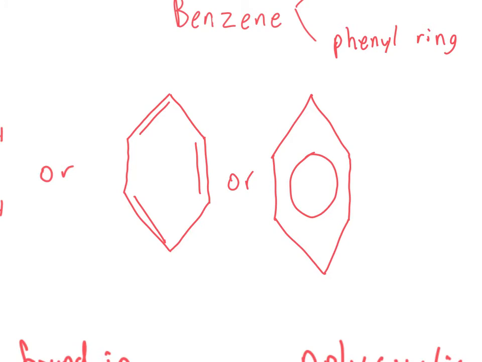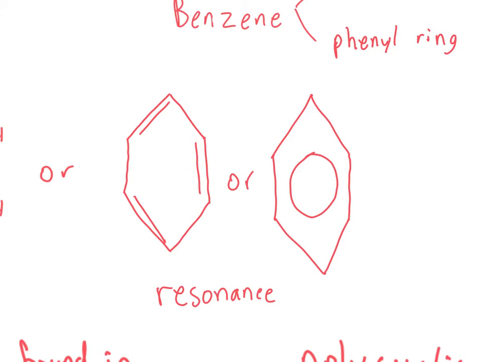Now, why do we show it as a circle? The reason why I prefer the circle method myself, as opposed to this, is that what we're trying to get across by showing the circle is this idea of resonance. Resonance is the idea that the double bond, for example, if I focus on one of these double bonds right here, is not staying there forever. That double bond is actually moving around.